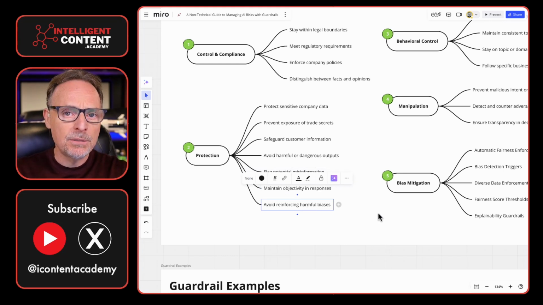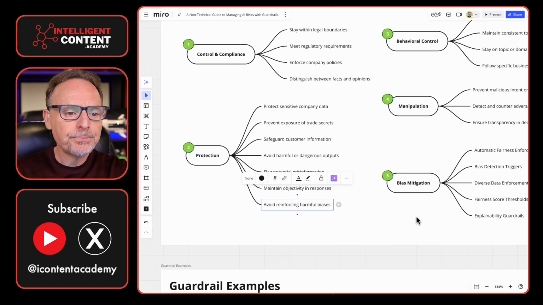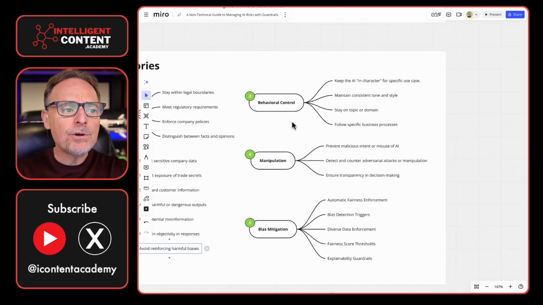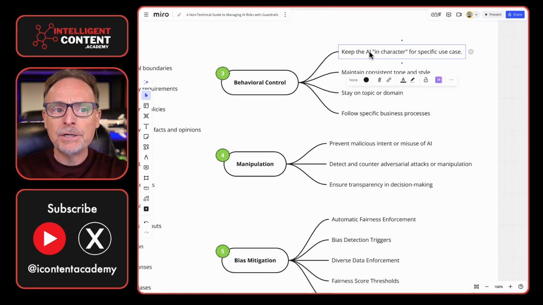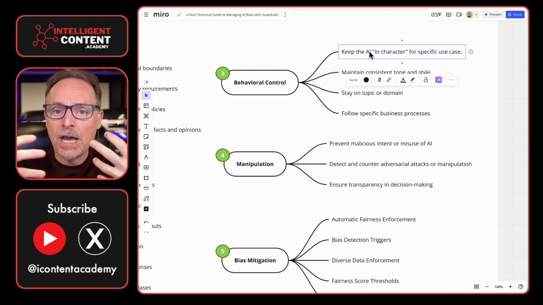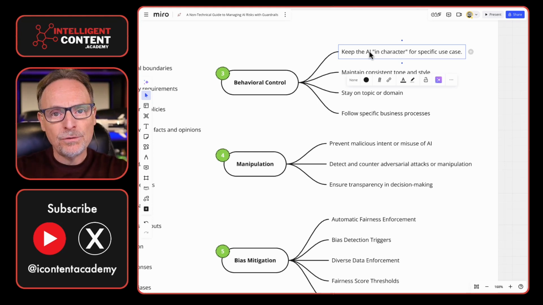And we're going to talk in a minute about where in the AI lifecycle you can catch these things. From a behavioral control perspective, we want to keep the AI in character for the specific use case. So if you have an AI engine that is focused on a specific topic, you want to make sure it stays focused on that topic.